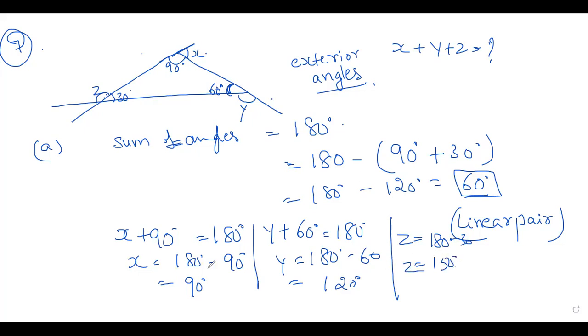Okay, children, we got all the angles, angle X, Y, Z. So now we have to find out X plus Y plus Z, right? So angle X is 90 degree, Y is 120 degree, and Z is 150 degree. That is equal to, what is your answer? Yes, it is 360. So the sum of three exterior angles is equal to 360.